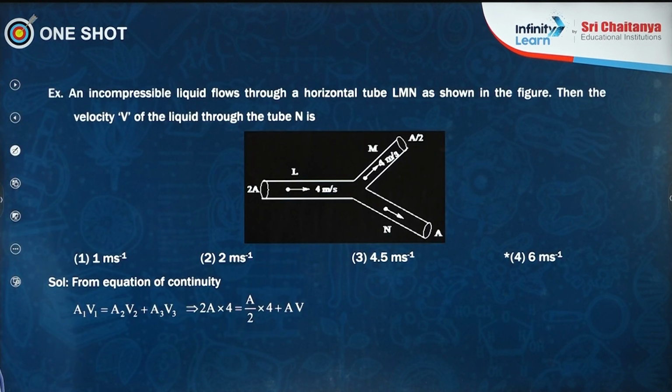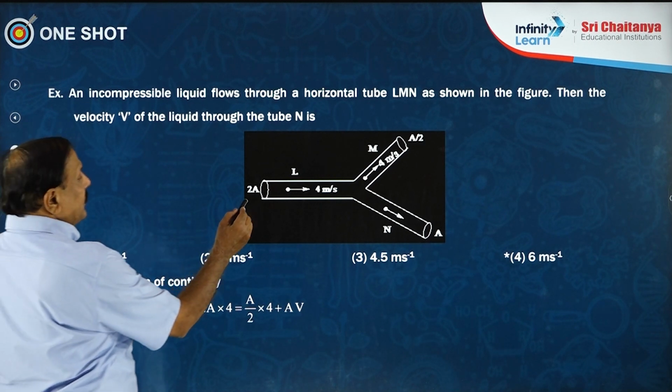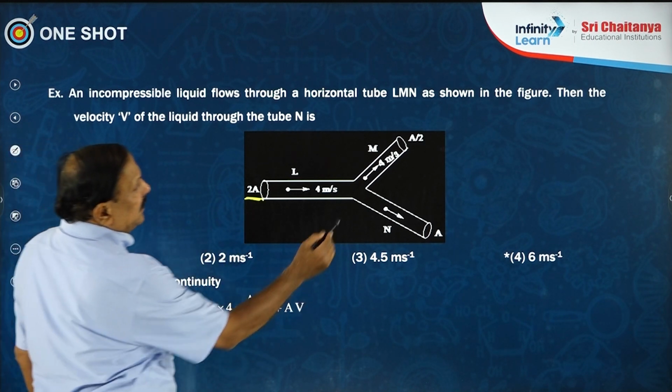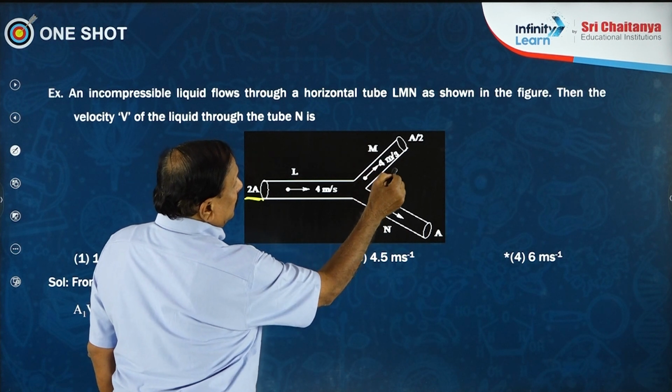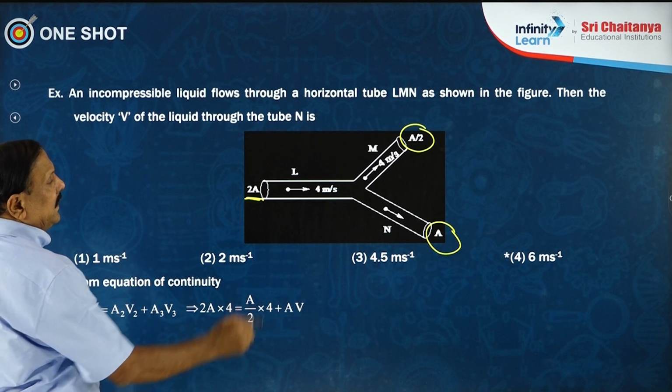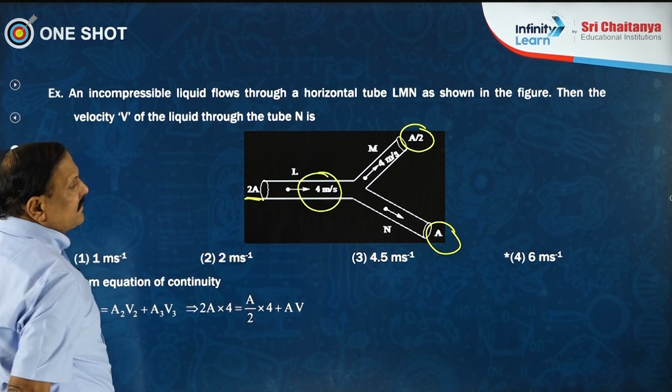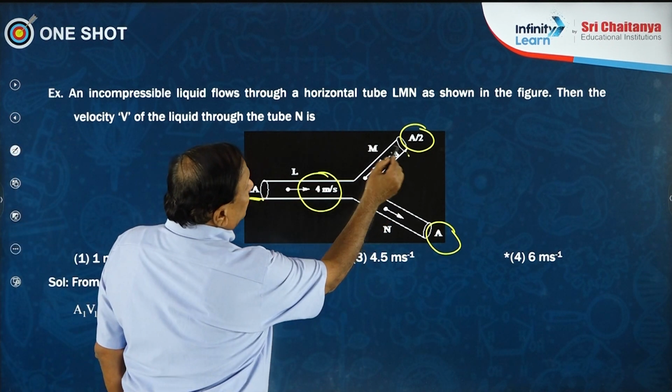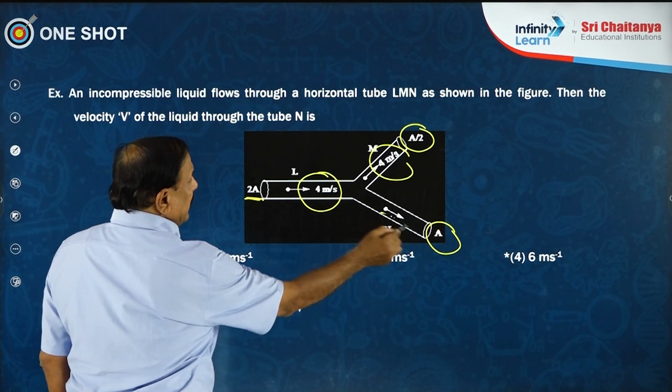Based on that, we have given one example also. Here the area of cross section is 2A, here A by 2, here A. Similarly, here the velocity is 4 meter per second, here the velocity is again 4, and here the velocity they are asking.